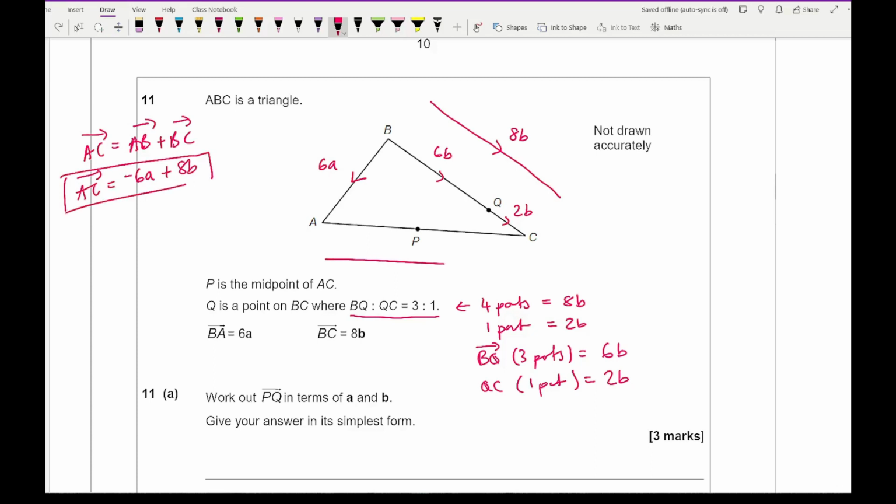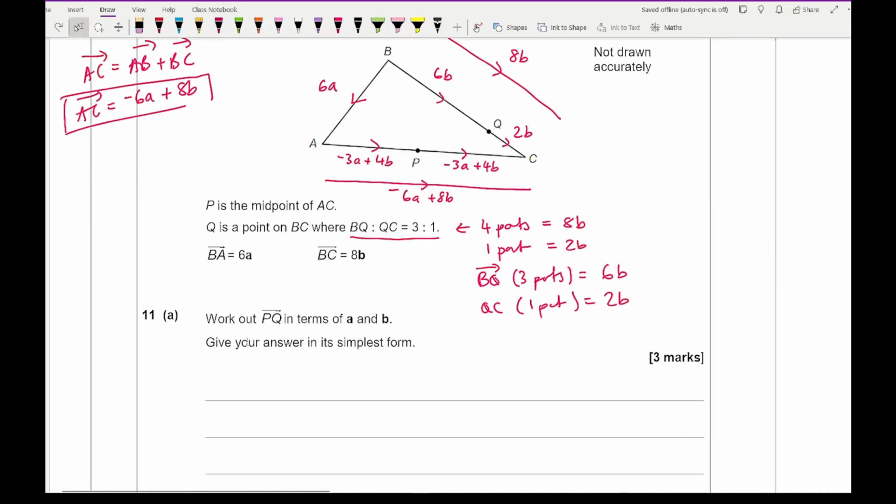So all of this length here going in this direction is minus 6A plus 8B. Now if P is the midpoint, then that's going to be minus 3A plus 4B, and this is also going to be minus 3A plus 4B. So now everything is labelled in terms of each of the directions.